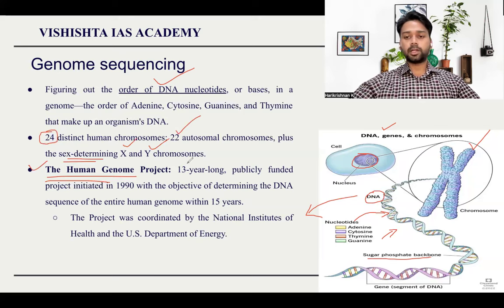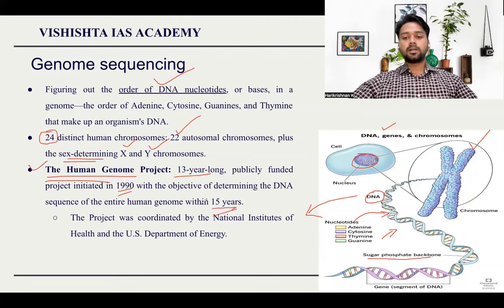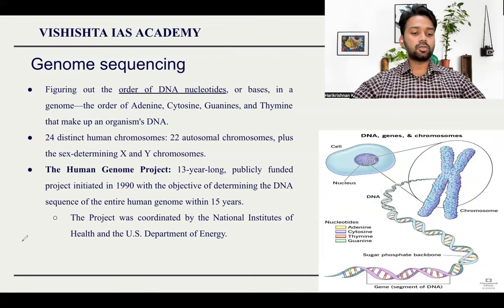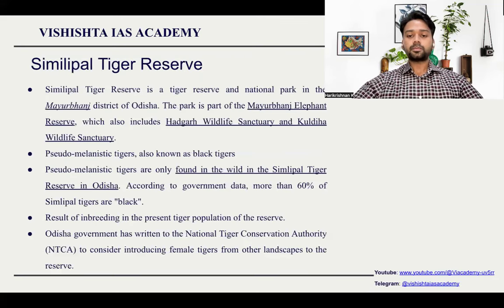It was started in the United States of America. It was a 13-year-long project started in 1990, and they couldn't complete it within 13 years. They took a little extra time and completed it in 15 years. It was coordinated by the National Institutes of Health and the US Department of Energy. So at least basic information you should know.